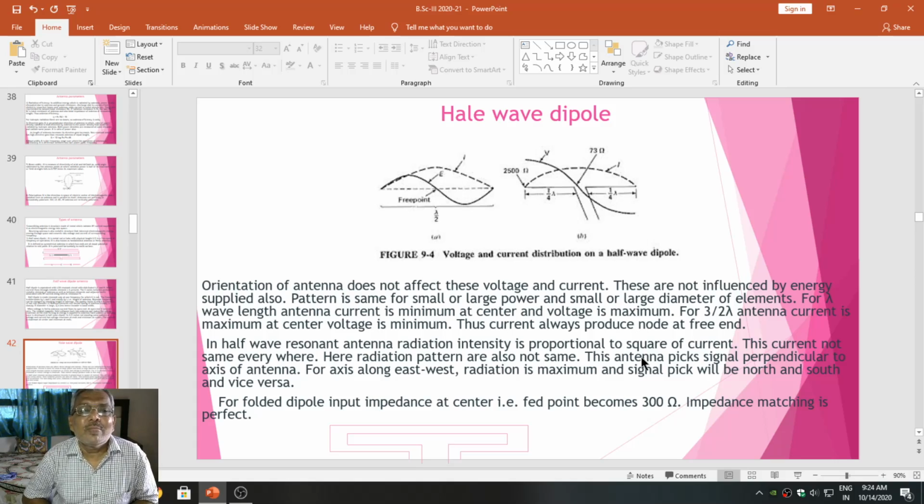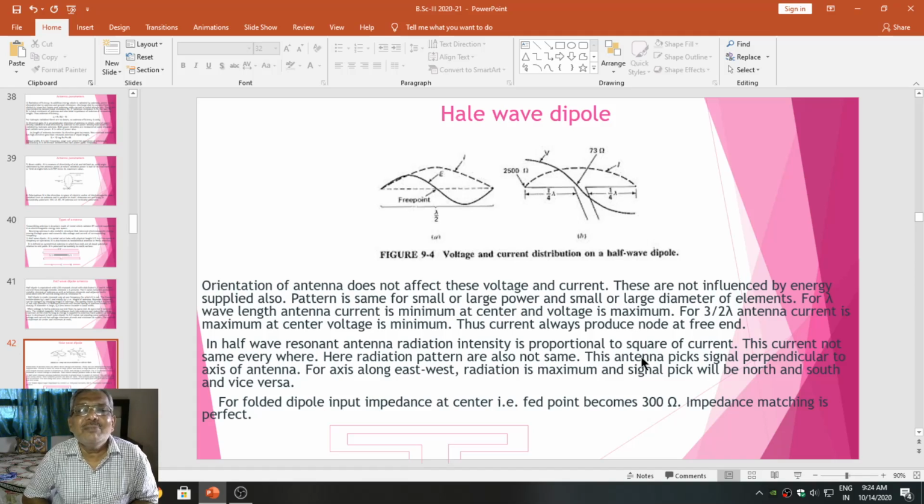Suppose we orient the antenna, means if you rotate the antenna, it doesn't affect the radiation pattern of voltage and current. The patterns are not influenced by the energy supply to it.